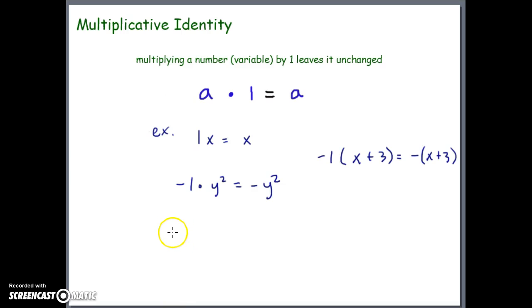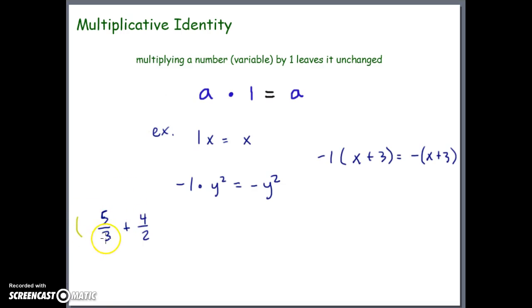Also very important to note that when we have fractions, so let's say we had the fraction 5 over 3, and we wanted to add this to 4 over 2, we've got to find a common denominator, and what we end up doing here is actually using this multiplicative identity to get that common denominator.